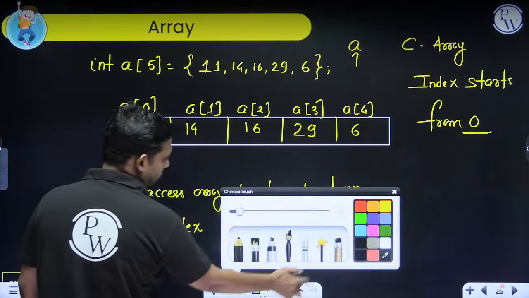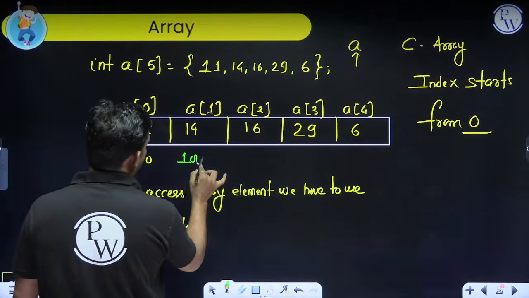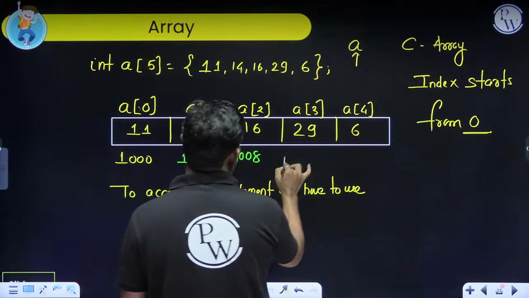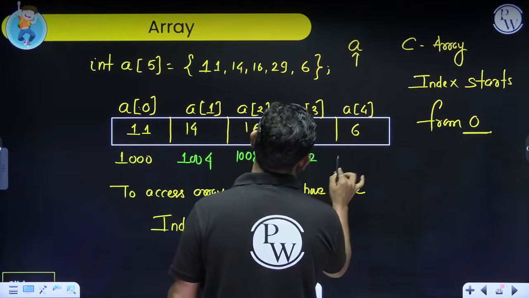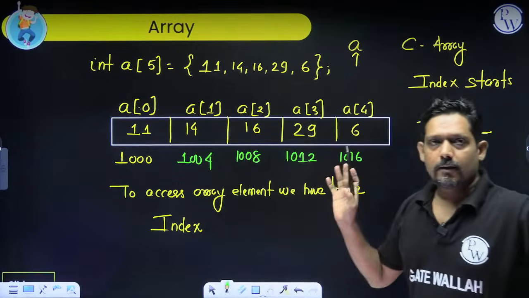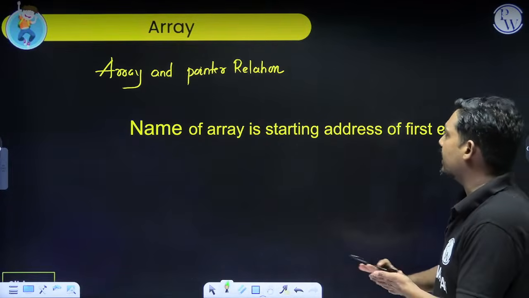Let's have the addresses 1000, 1004, 1008, 1012, 1016. So the name of the array is the starting address of the first element.